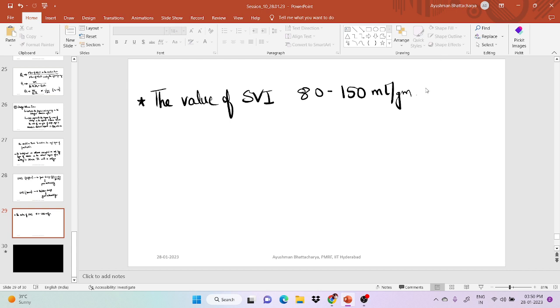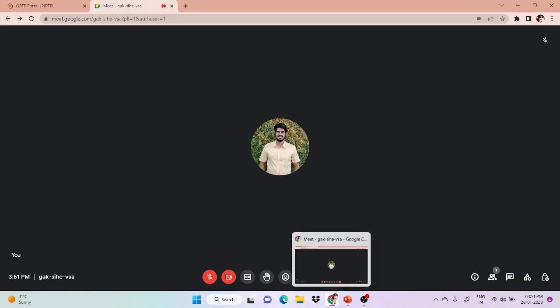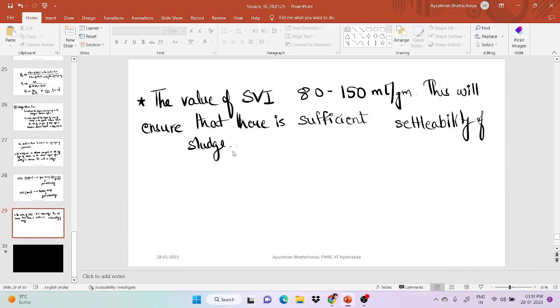This will ensure that there is sufficient settleability of sludge. So this is all about it.